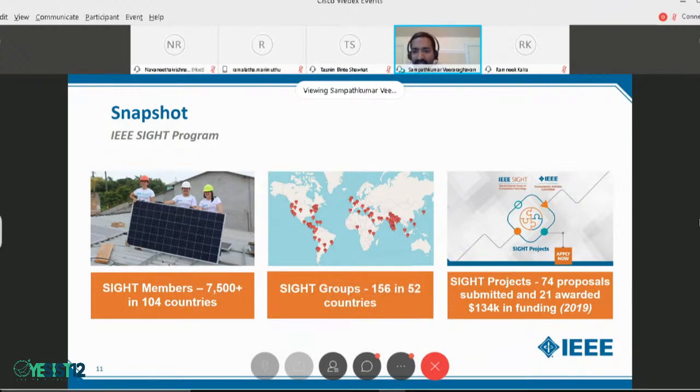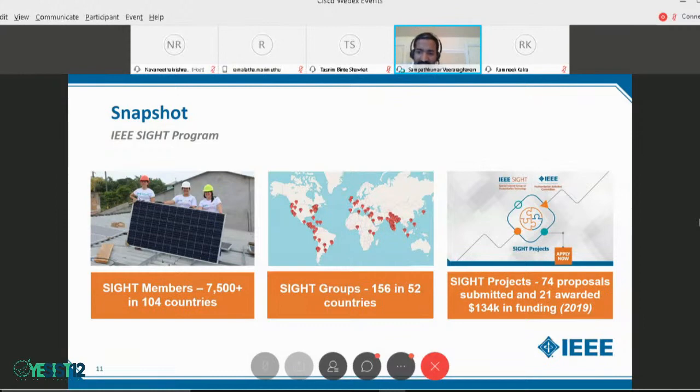And SIGHT as a program has been consistently gaining momentum since 2019. You can see we are present right now at 156 groups in 52 countries. And last year we awarded up to 140K in funding, receiving about 74 proposals globally, and we funded up to 21 projects.